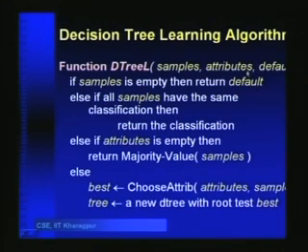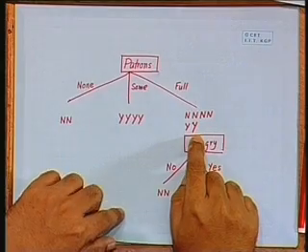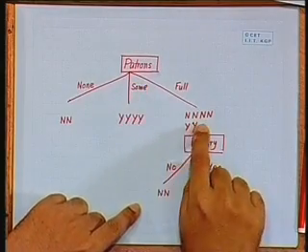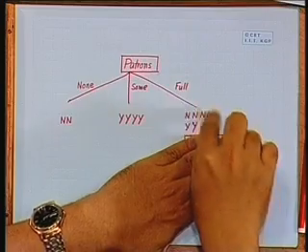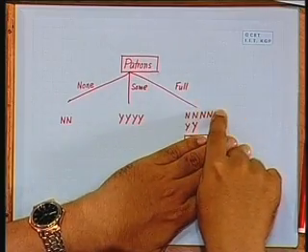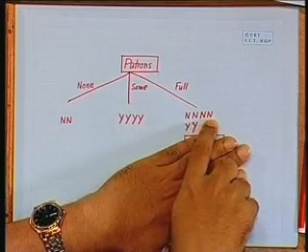Later on, we will see that in case where we do not have any information, then the default decision will be the majority among the samples that we have, right. For example, here when we had this decision, suppose we did not have any other attributes to classify this, then here the majority was no.